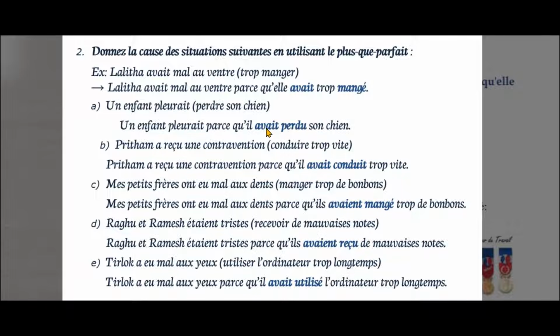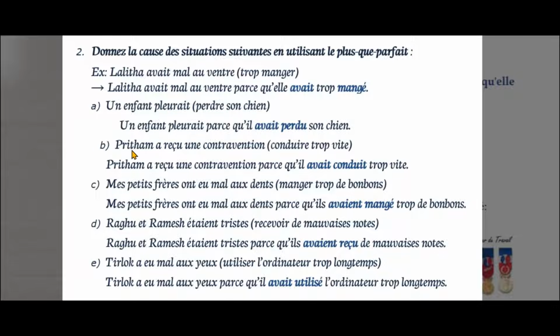So even this exercise will make use of avoir in the imparfait for all of the sentences here, right? So it's avait followed by the past participle perdu. To form the past participle for the RE verbs, we cut RE and add u, right? And then whatever words are given there, you just write it as it is. So a child was crying because he had lost his dog.